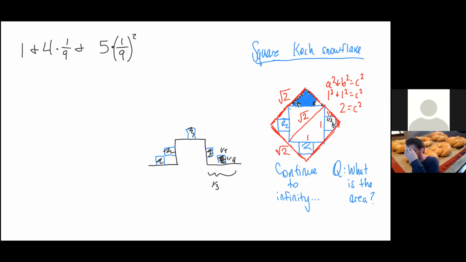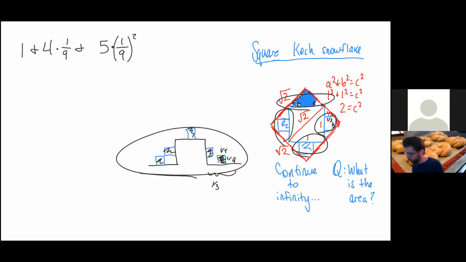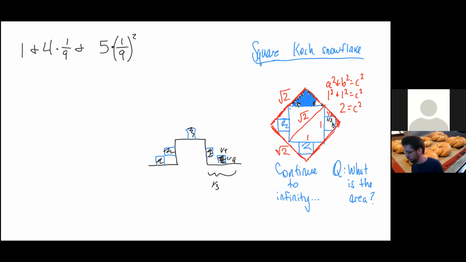But I actually had more than 5. I had that times 4, because this was just one side of my snowflake. There are 4 of them. So I'll multiply that number by 4. So 4 times 5 times 1/9 squared. Okay, and then I'll just tell you what the next term is. Again, I had 4 sides to the snowflake, and then I had 25 things I was adding.